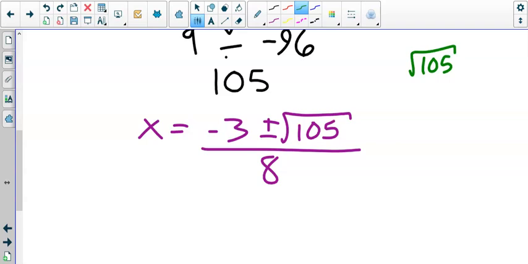So try and find me the biggest perfect square that might divide it. I don't know if it does or not. That's why I'm asking. My gut tells me that it doesn't.